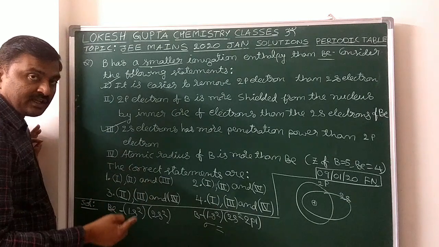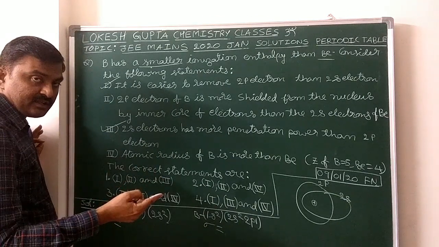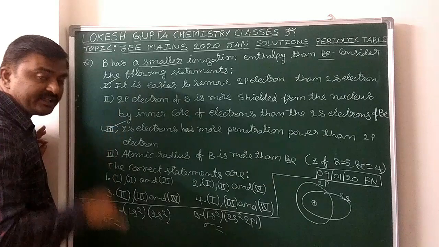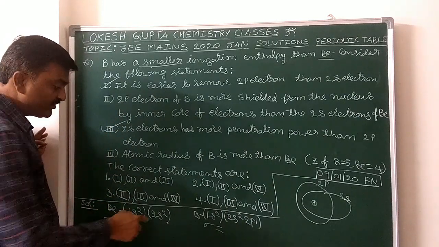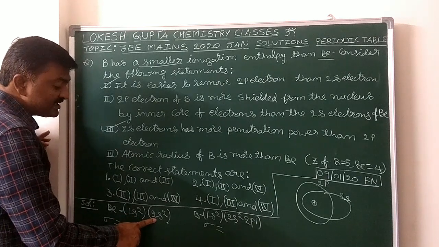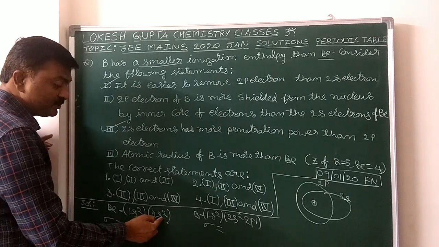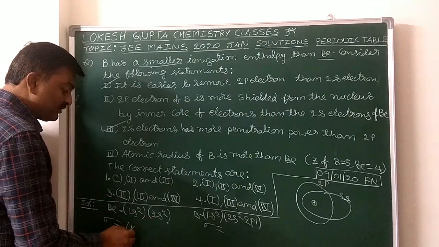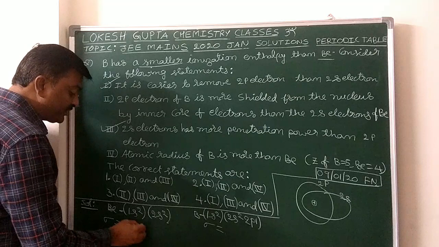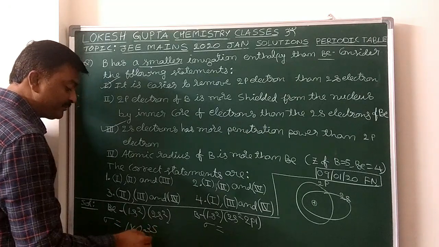On the 2s2 electron, except that electron, the remaining inner electrons will provide some screening. In the valence shell, if you exclude the last 2s2 electron, one electron remains. That one electron provides screening of 0.35.